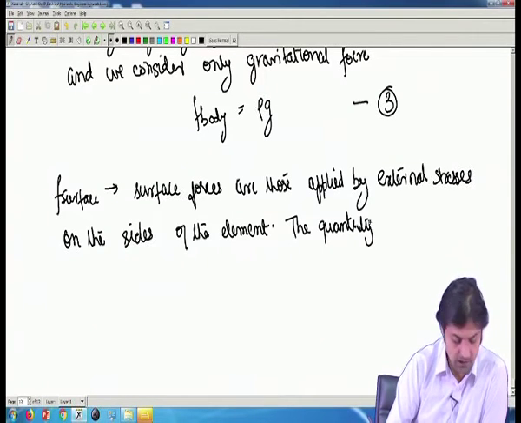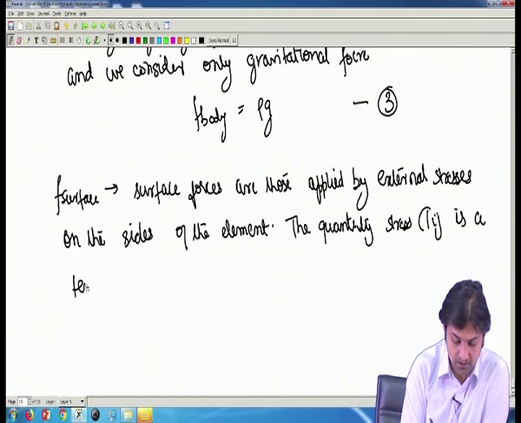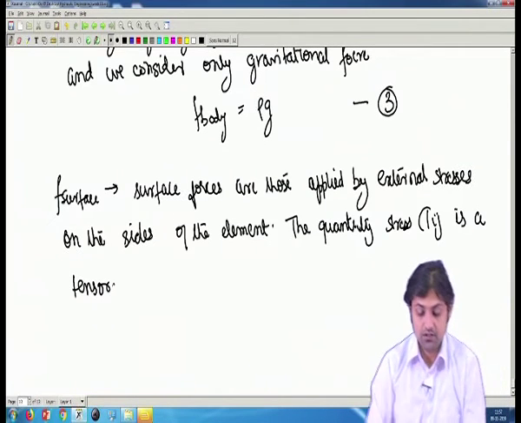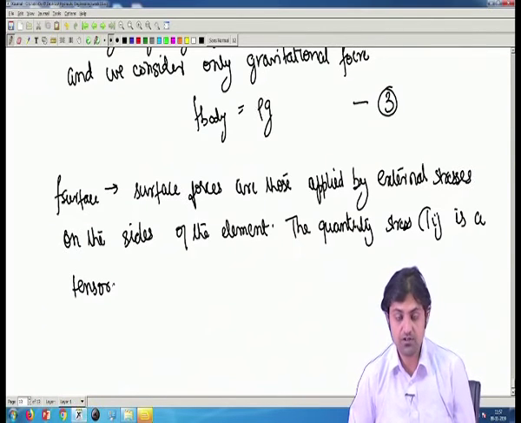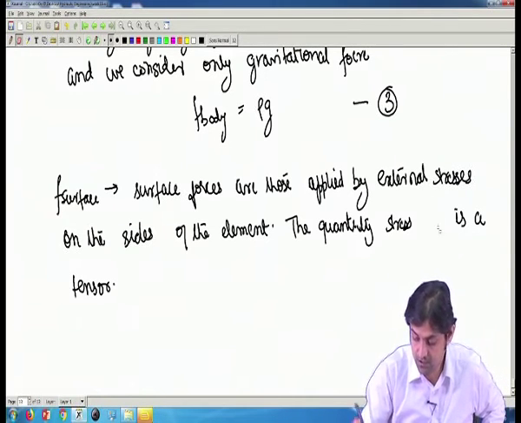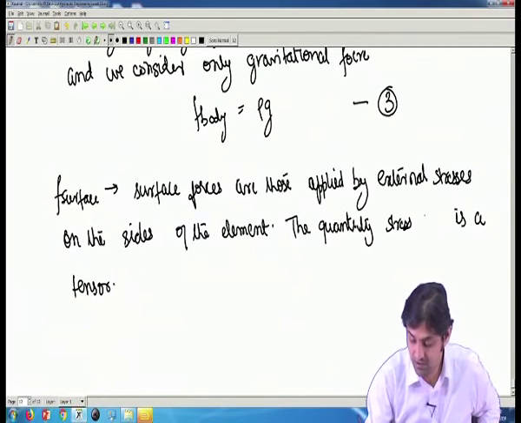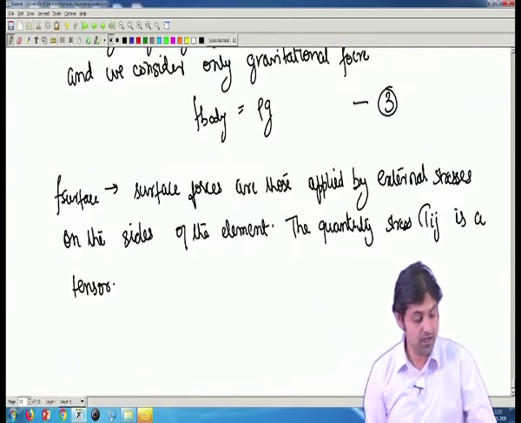This quantity, that is stress tau ij, is a tensor. So, surface forces are those that are applied by external stresses on the side of the element, and this is called tau ij. I will write it in a much simpler way, alright, and this tau ij is a tensor.